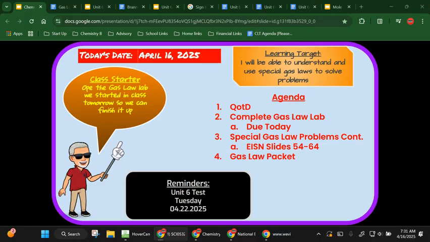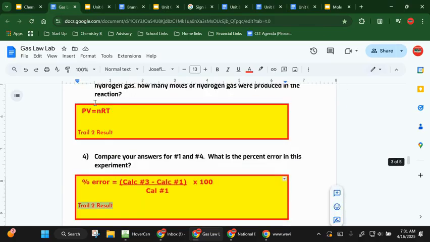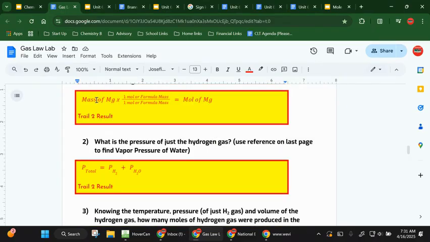All right. So here's what we are going to do, ladies and gentlemen. Today, I'm going to give you some time to finish the lab from yesterday. There are 4 questions that you have to do. Now, I am going to go over a few things that will basically answer those 4 questions for you, and then I will give you some time to do those 4 questions.